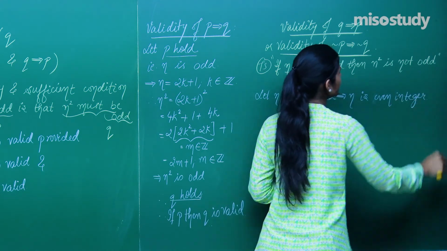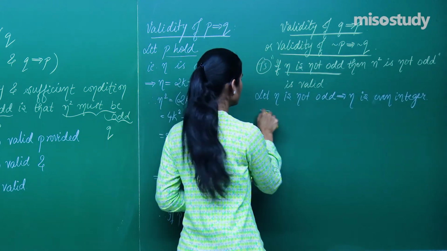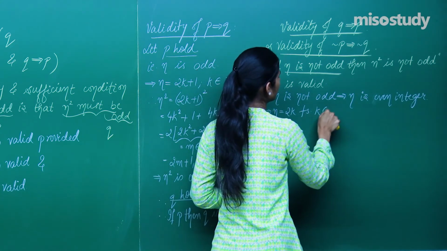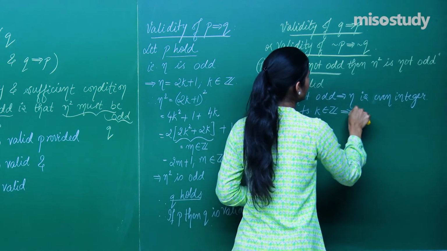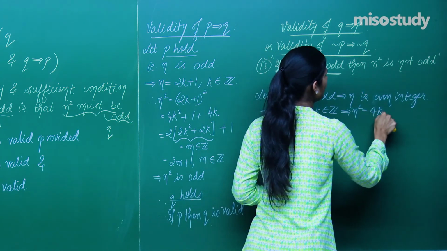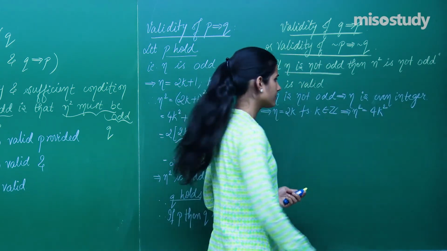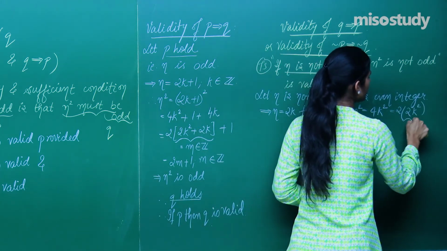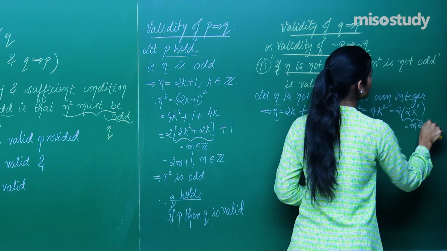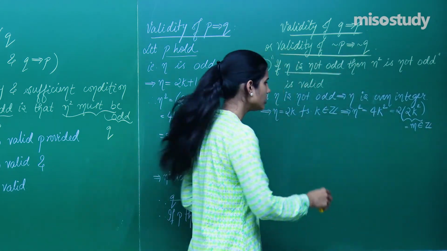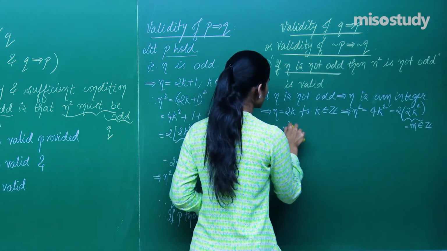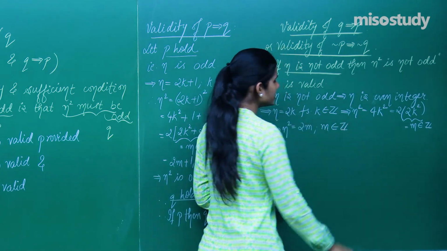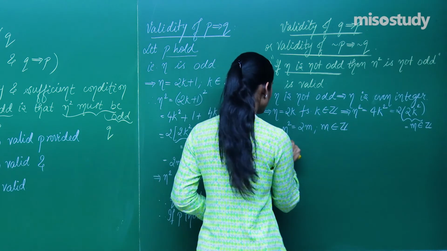If n is even, that means it can be written as a multiple of 2, n equals 2k for some integer k, which implies n square is 4k square. I can write this as twice of 2k square. 2k square is again some integer m, because k is an integer, so 2k square is an integer. So this implies n square I have written as 2m, where m is an integer. If n square is written as a multiple of 2, this implies n square is even.